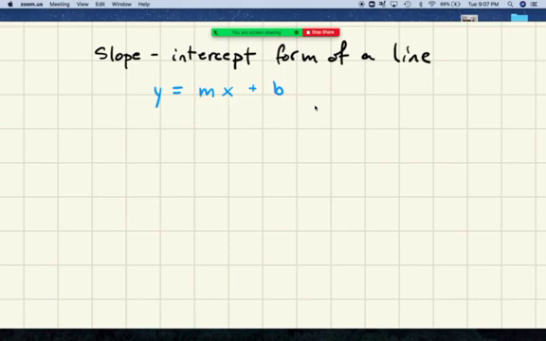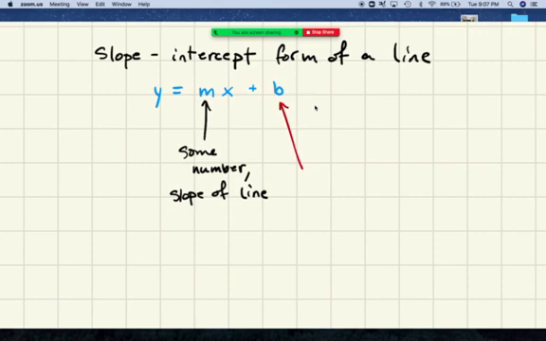The m is going to be some number, and that's the slope of the line.